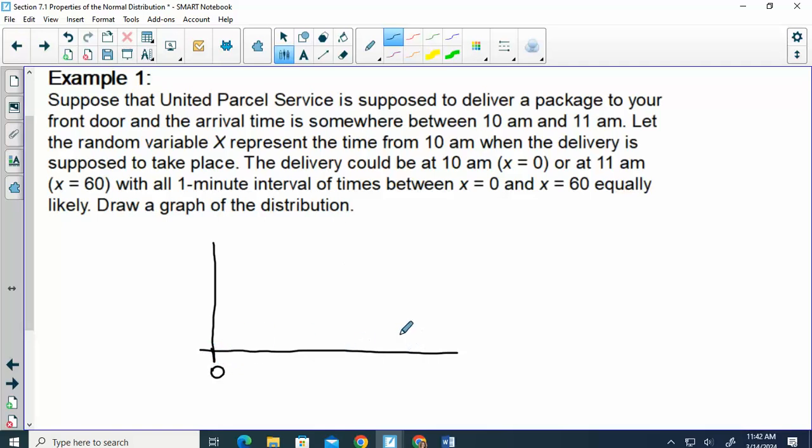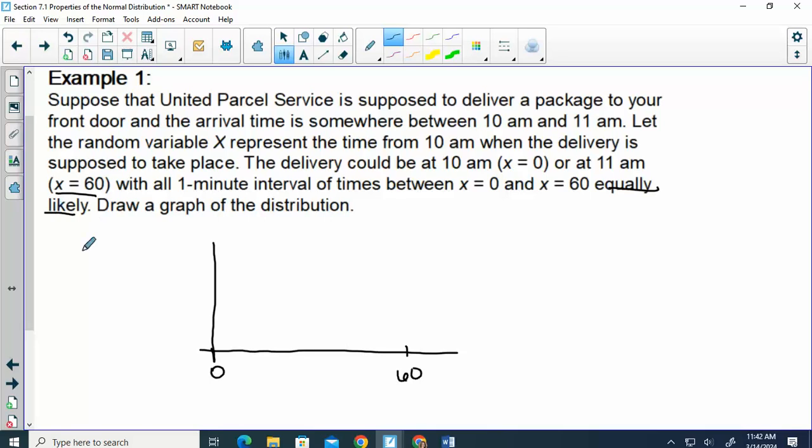So we'll start at 0. X is the number of minutes, so the maximum would be 60 minutes. And it said that everywhere in here is equally likely. So it is just as likely they show up at 10:01 as it is if they show up at 10:59. Okay, every minute is equally likely.